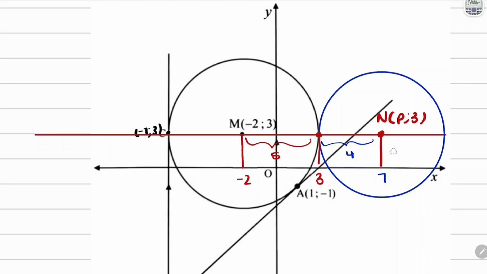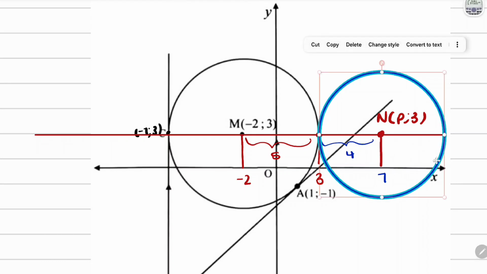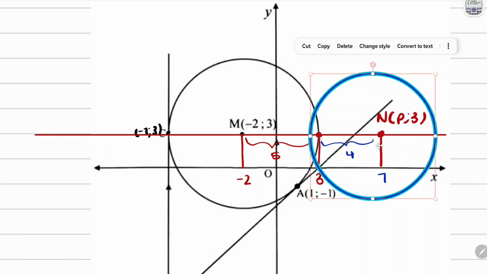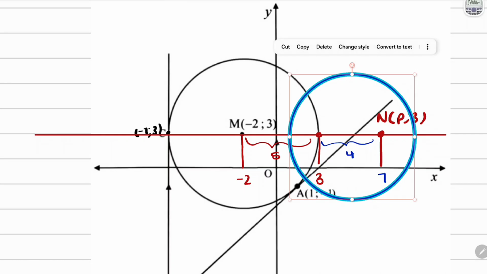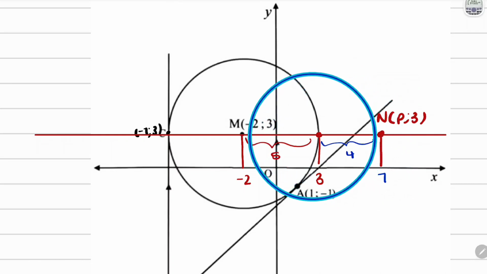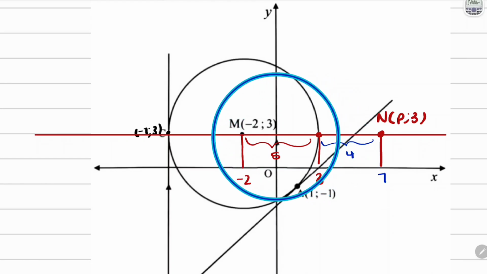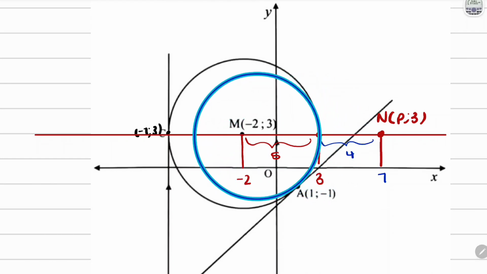Okay, that's good. So we know that P, first of all, just needs to be values that are less than 7, because the minute P is less than 7, it starts intersecting at two places. See, less than 7 intersects at two places. But we can't just say P is just less than 7 and we just keep going. That's not going to work. If you keep moving this and we say it's less than 7, where do we stop?